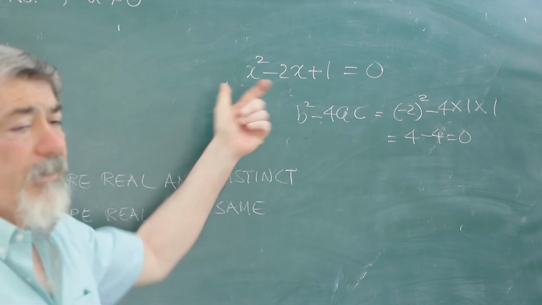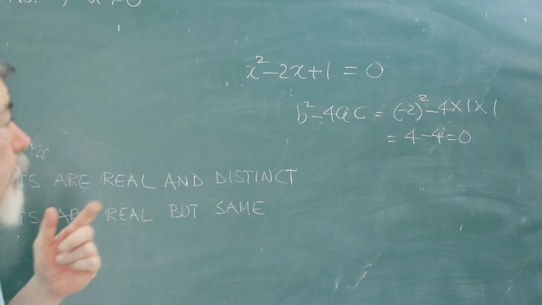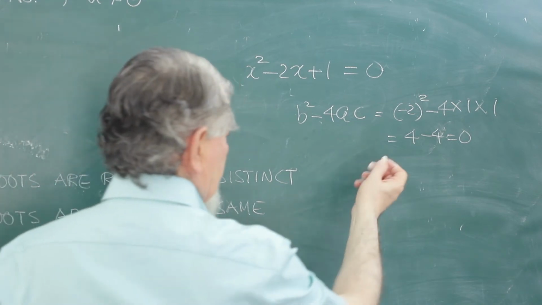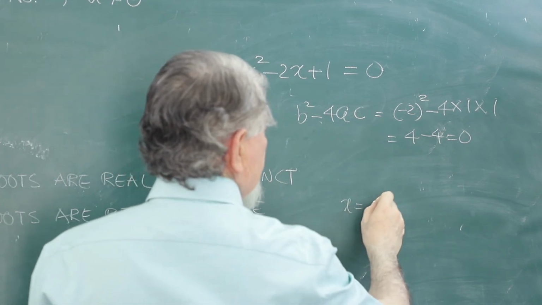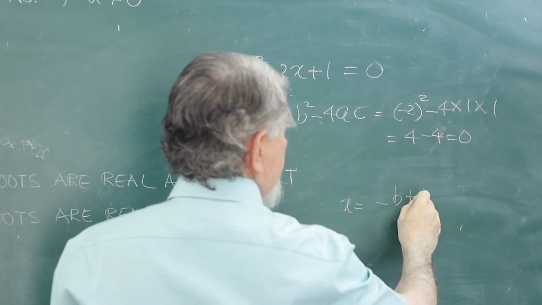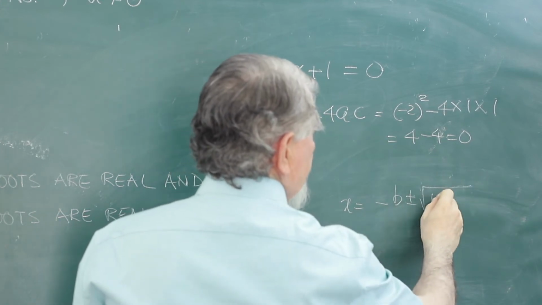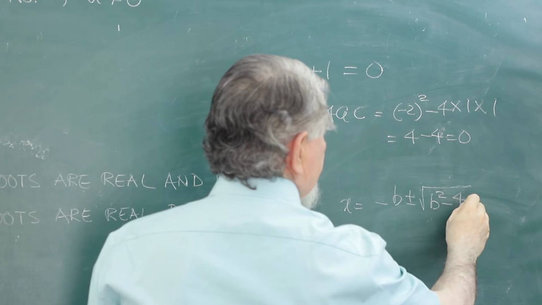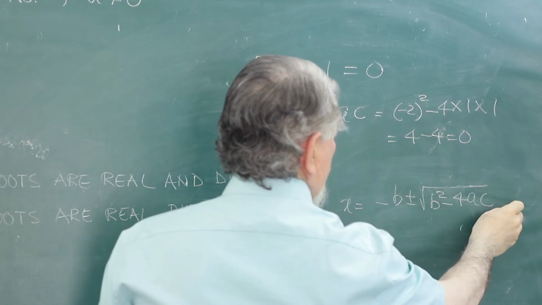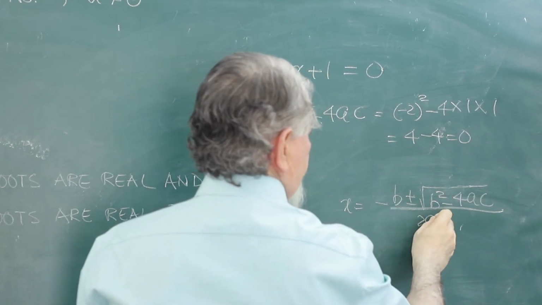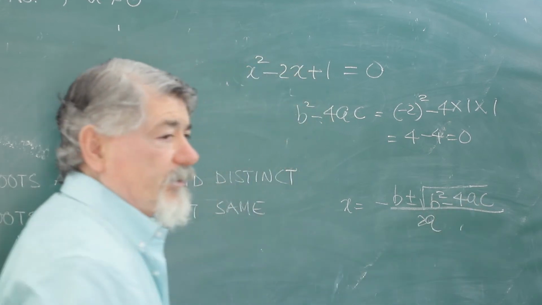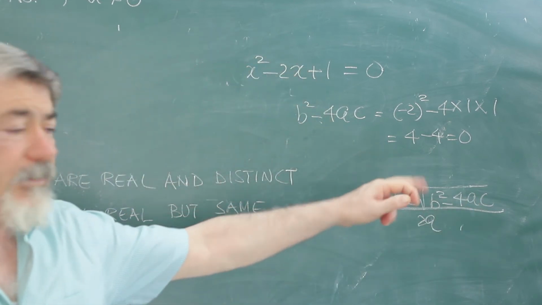So if I find out the values of this, what will I get? Because you know roots are minus b plus minus under root b square minus 4ac upon 2a. But this portion is coming 0. b square minus 4ac is 0.